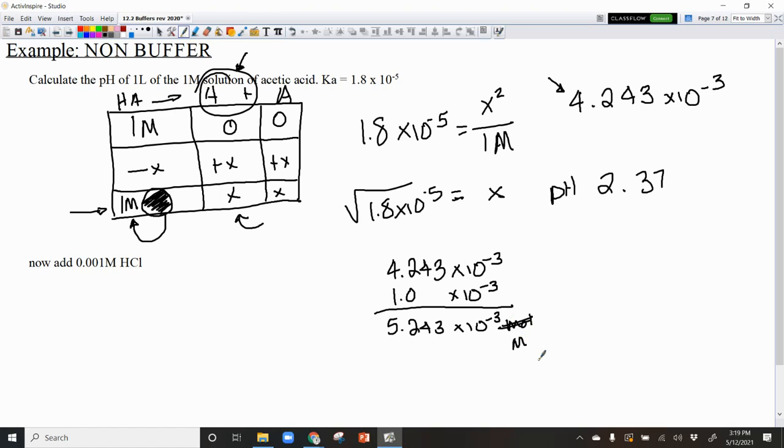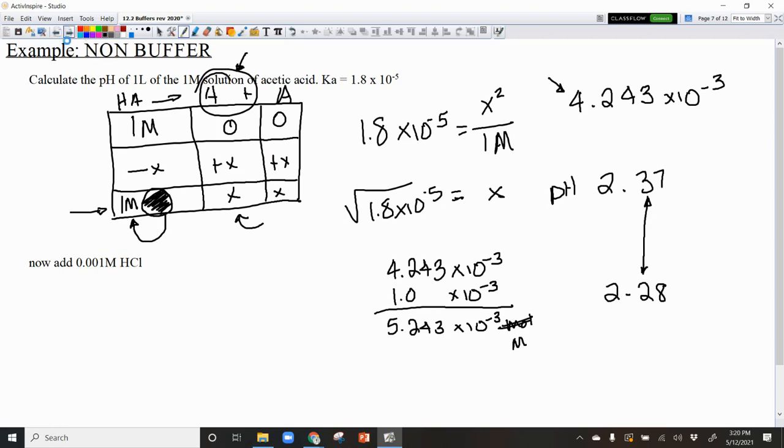Now, if we take the negative log of 5.243 times 10 to the negative 3, we're going to get a pH of 2.28. All right, so it didn't change a whole lot. It only changed by 0.1. But with that small amount, 1/1000th of a mole of hydrochloric acid, it does change it by that amount. And this is a non-buffered solution.